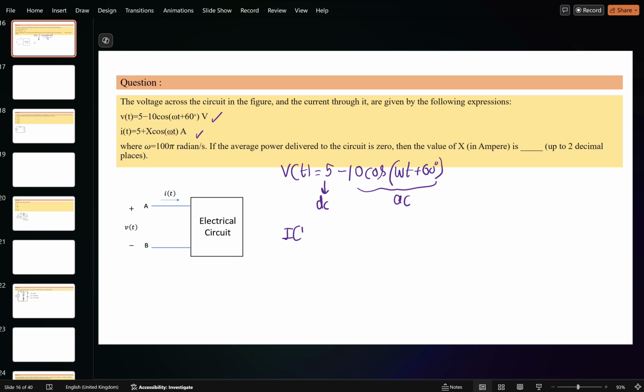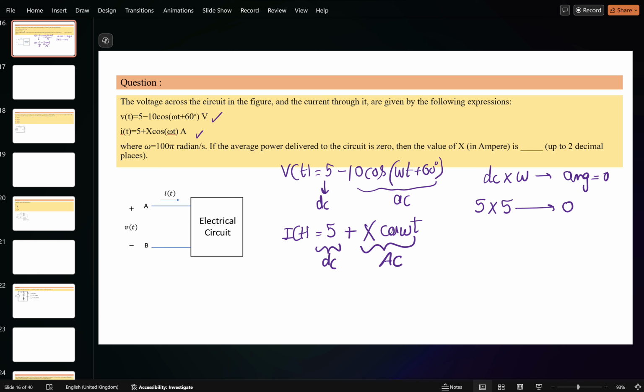Similarly, I(t) is represented as 5 plus x times cos omega t. This is the DC and this is the AC term. Got the point? What I have told, if you multiply DC with some frequency term, the average of that term will be equal to 0. So if you find out the instantaneous value, what terms will come out? That is 5 multiplied by 5, which will not be 0.